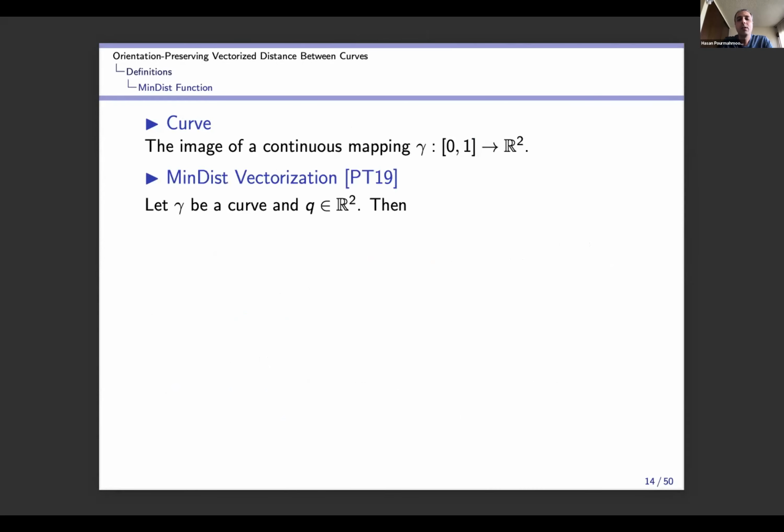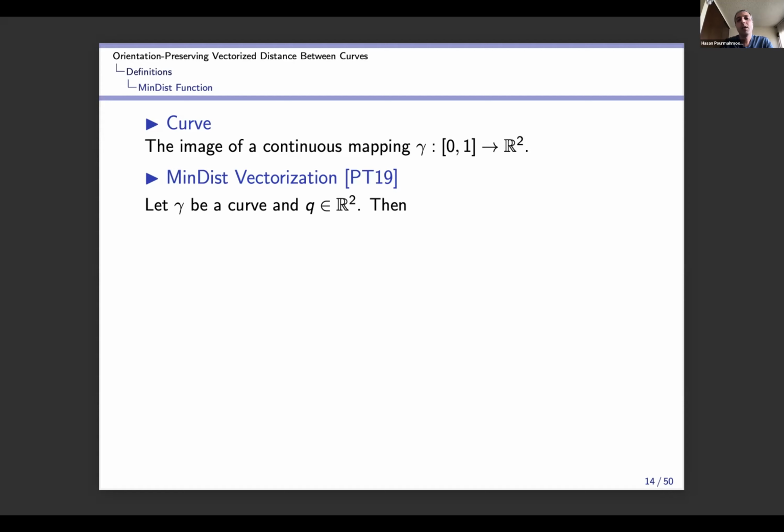Towards this goal, Jeff Phillips and Ping-Fan in 2019 introduced a landmark-based distance. I'm going to talk briefly about this distance because our work is a generalization of it.